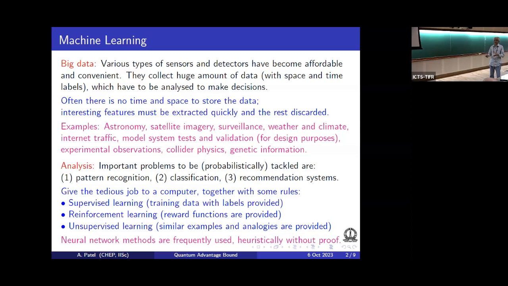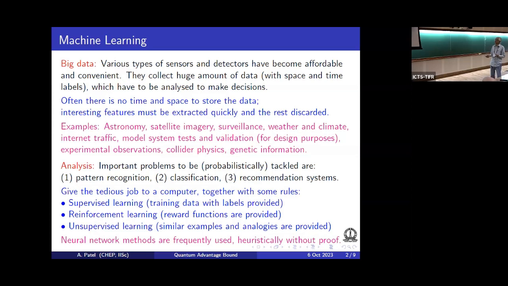What can you suggest based on whatever you have seen? These problems are tedious because of the huge data. So you give it to somebody who can work in the background and do your job, and that is typically a computer. And you have to give some rules to the computer because otherwise it will get lost.